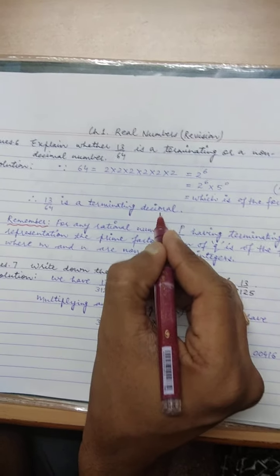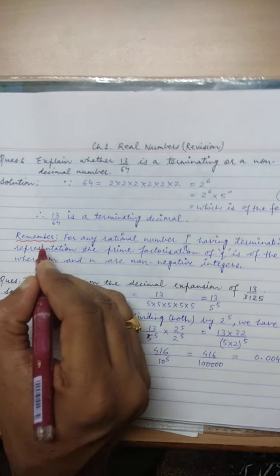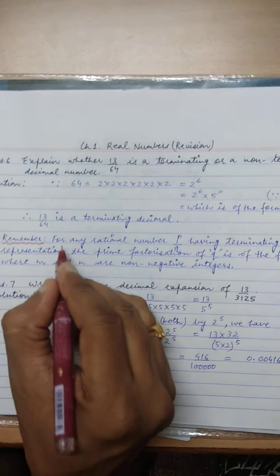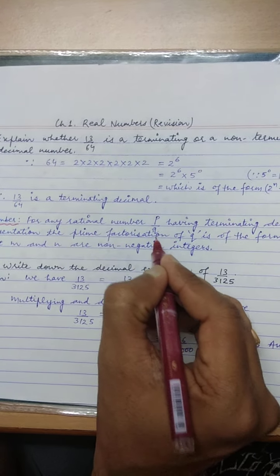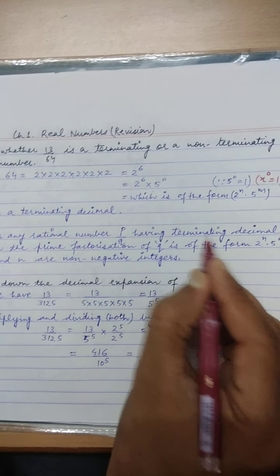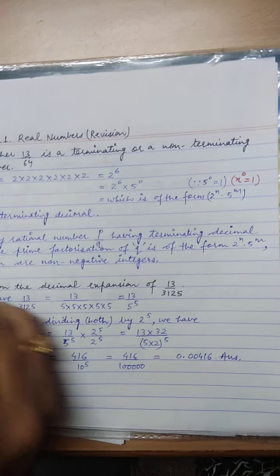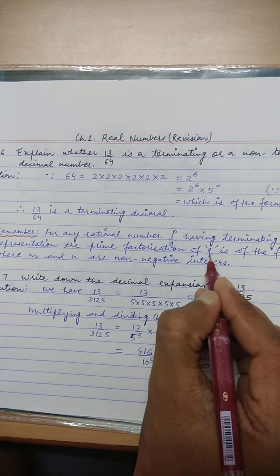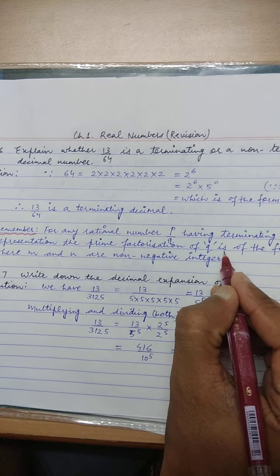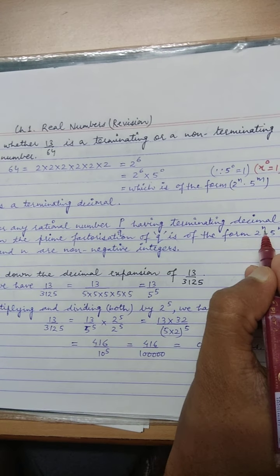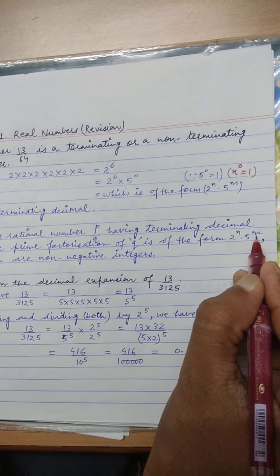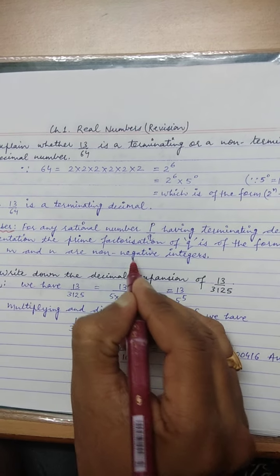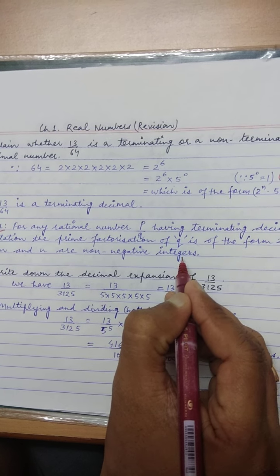And why do we conclude this? Because remember the theorem which states that for any rational number p upon q having a terminating decimal representation, the prime factorization of q, your denominator, is of the form 2 to the power n multiply by 5 to the power m, where m and n are non-negative integers.